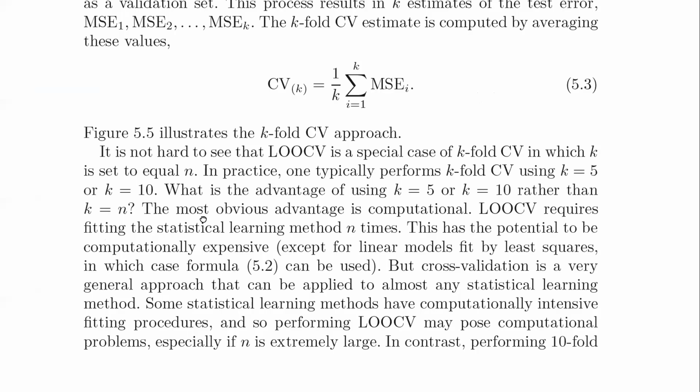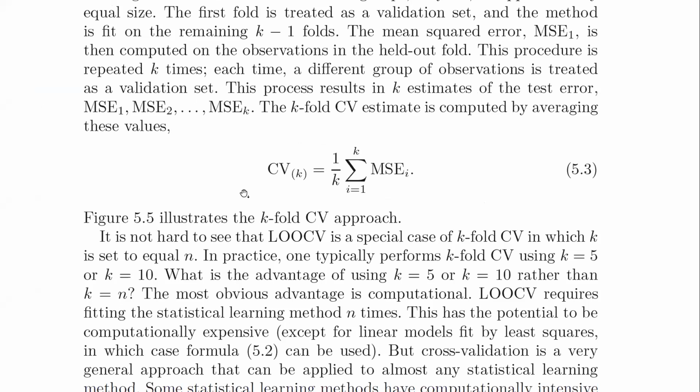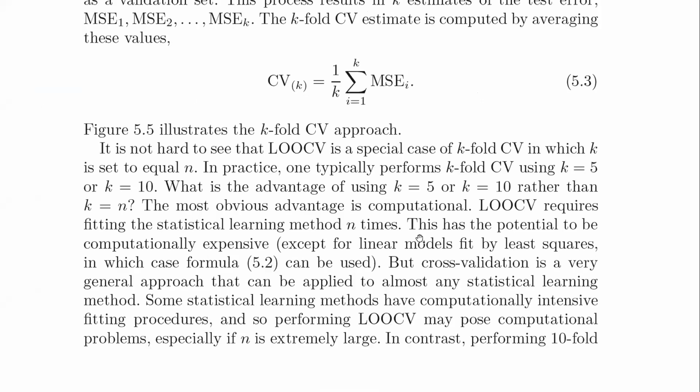Let's continue reading. Most of it is repetition. We'll just say cross-validation is a very general approach that can be applied to almost any statistical learning method. Some statistical learning methods have computationally intensive fitting procedures, and so performing leave one out may pose computational problems, especially if n is extremely large.